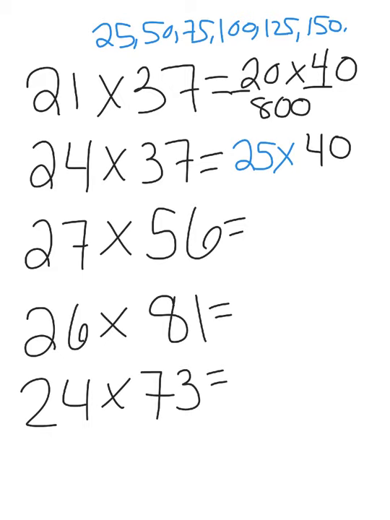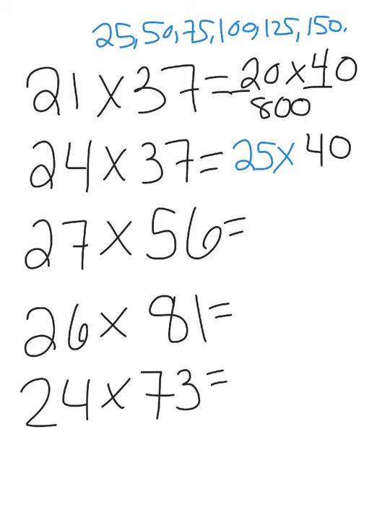24 is close to 25. And we are going to keep 41, which is close to 40. When you count by 25s, think of quarters. 25 would be 1 quarter, then 50 would be 2 quarters, then 75 would be 3 quarters, and $1 or 100 cents would be 4 quarters.